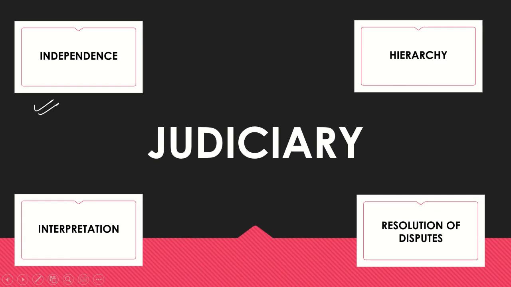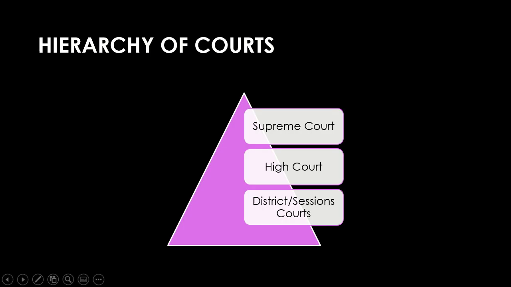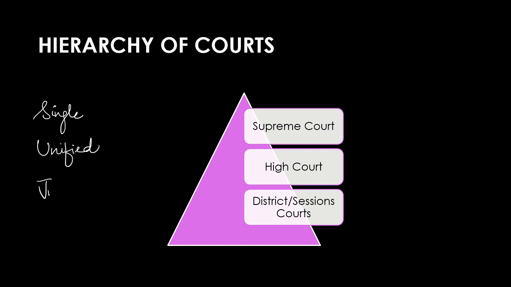Now we're talking about the second point, which is about hierarchy. Okay, when I talk of the hierarchy of courts in India, you're already aware of it, but I just thought I'll repeat this for you. In India, we have a single unified judiciary. Remember this? We have a single unified judiciary.